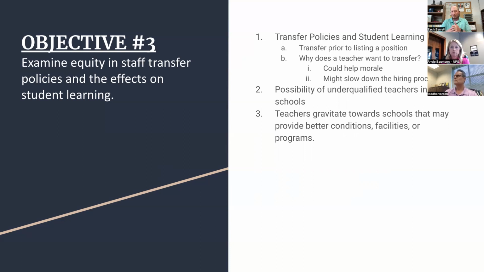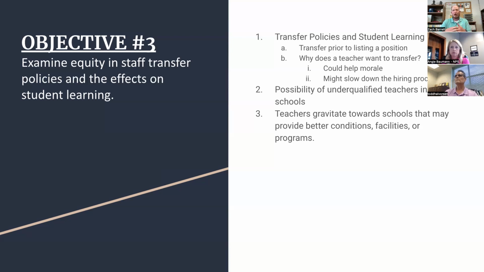Why does the teacher want to transfer? Is it maybe the building is closer to their home? Maybe that building is a nicer building, has more updated facilities, has more resources, that type of stuff. So there's a couple things that could help morale.